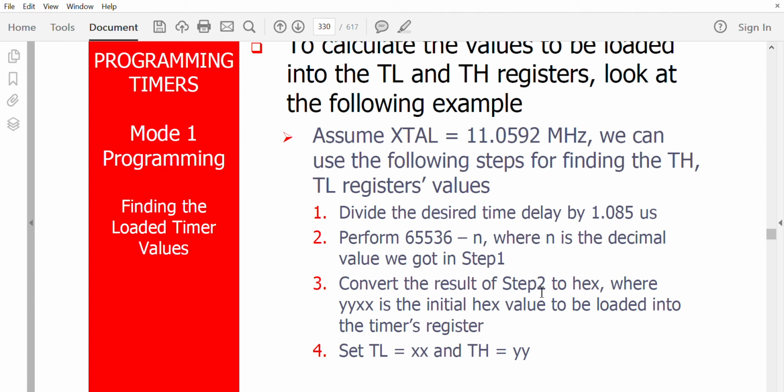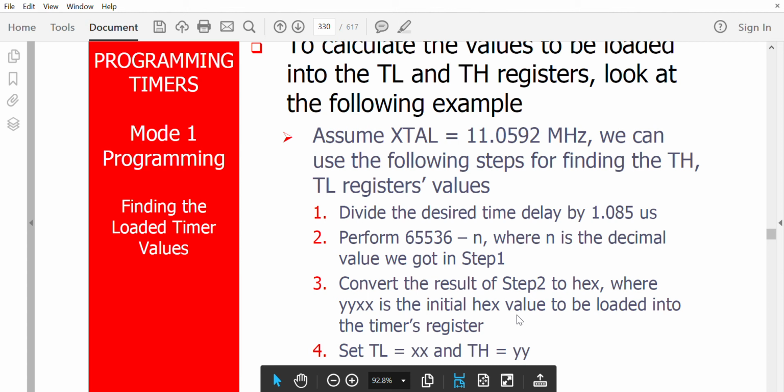Step 3: convert the result of step 2 to hex, where YYXX is the initial hex value to be loaded into the timer's register. Set TL equal to XX and TH equal to YY. So this is the algorithm to find the TL and TH values.